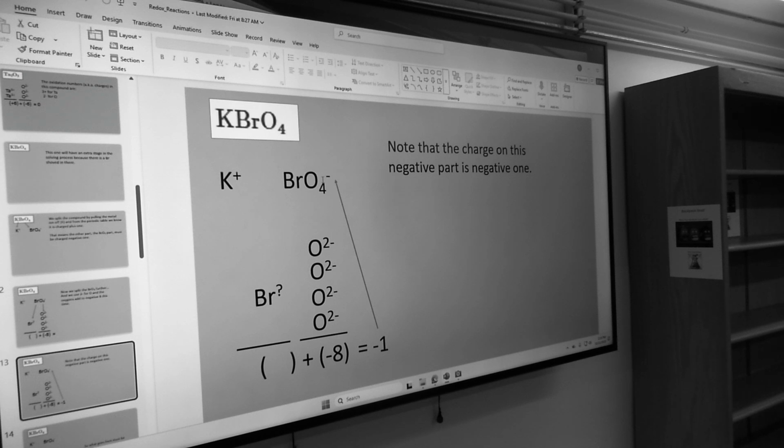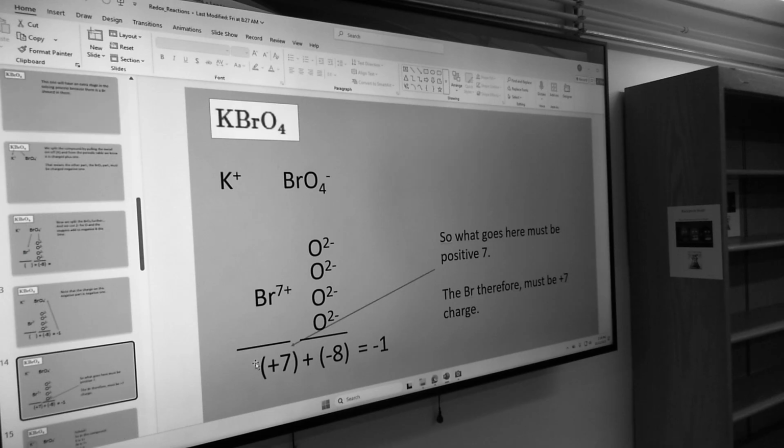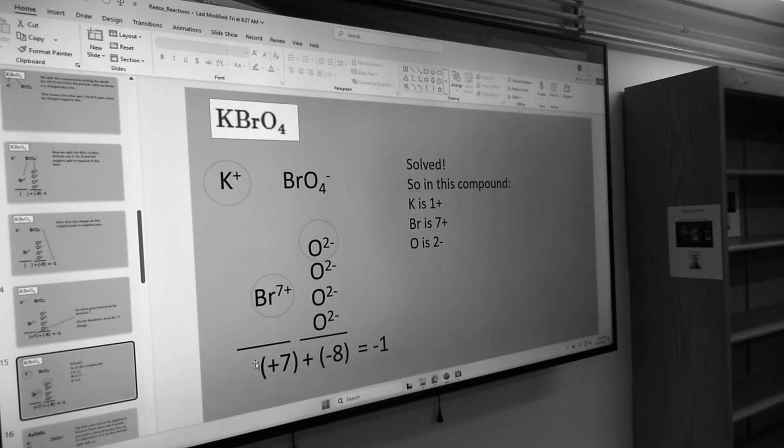So now what has to go in this parentheses? Anybody? +7. Yeah, that's right. +7 has to go here, and that will make this equal -1. There's only one bromine there, so the +7 goes on that. So the answer to this is potassium, its oxidation state is +1, bromine is +7, and oxygen is -2.